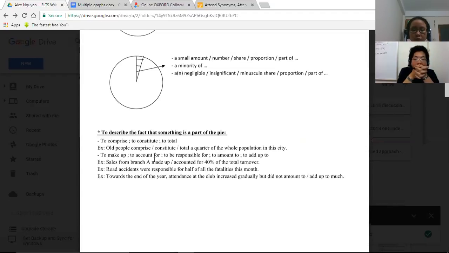We have account for. We have be responsible for. Are you familiar with the use of the phrase responsible for? Normally the language here is used for proportion.